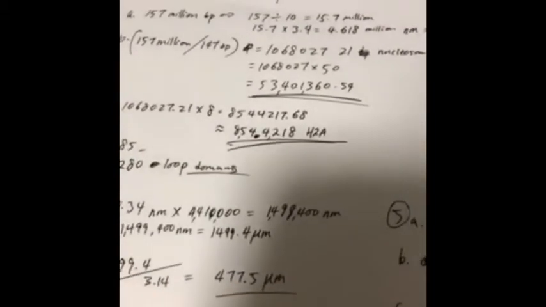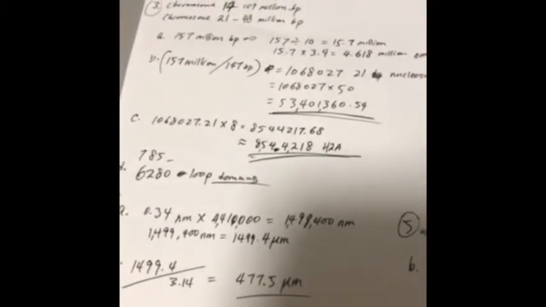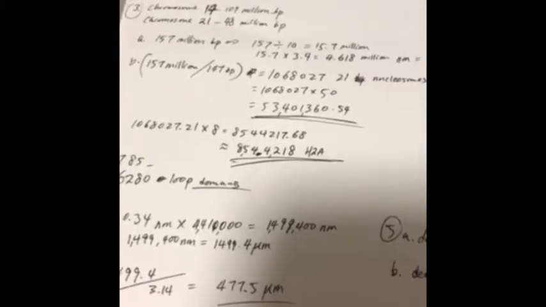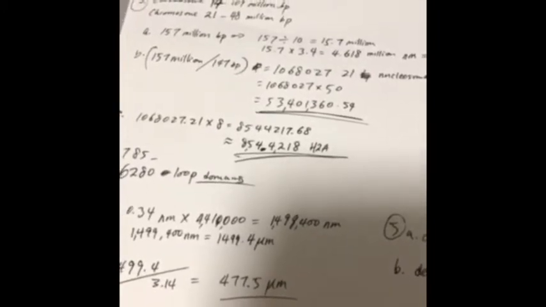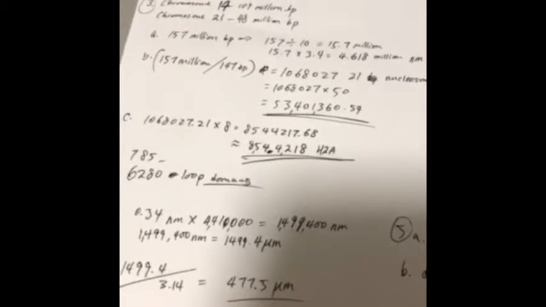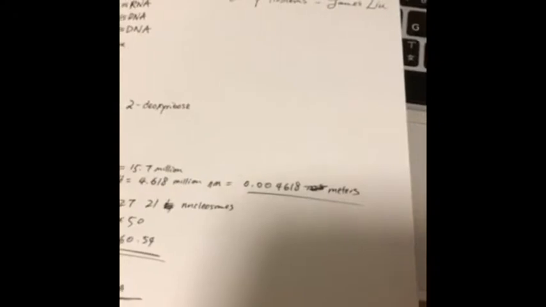Question B asks us how many nucleosomes are found within this translocation chromosome. Assume that the average length of the linker DNA is 50 base pairs. So we know that there is 147 base pairs of DNA in each nucleosome core particle.